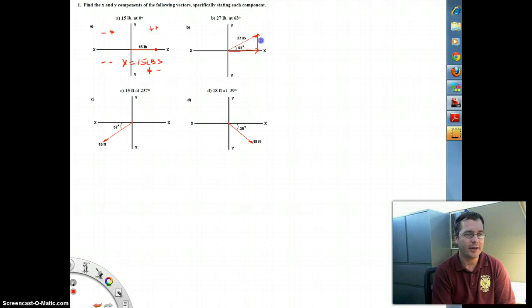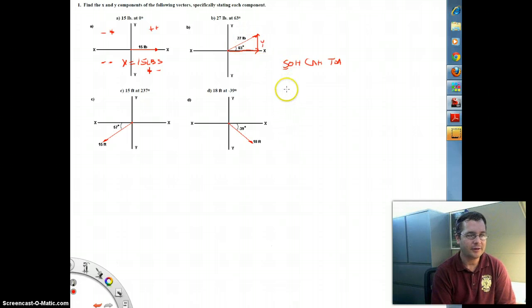Notice that the y component of this vector is opposite the angle, and we know the hypotenuse, so that means we can use basic trig functions. If we think about our basic trig functions, SOH-CAH-TOA, the question is what relates opposite and hypotenuse, because opposite is what we want to know and hypotenuse is what we know.